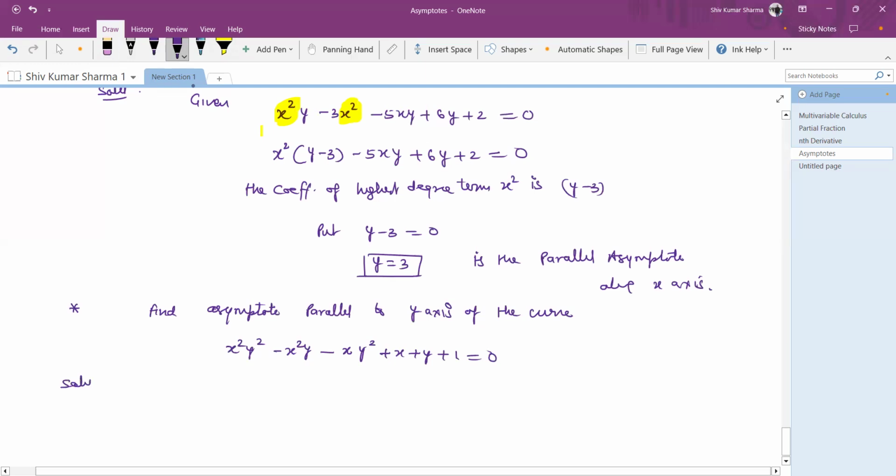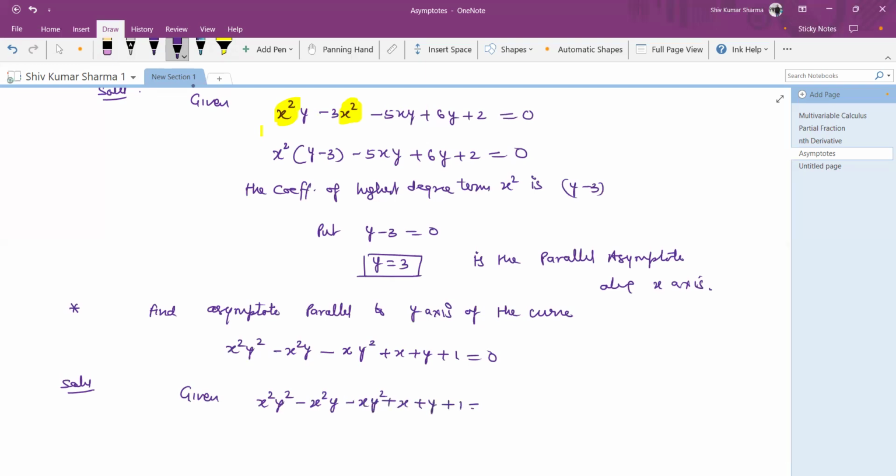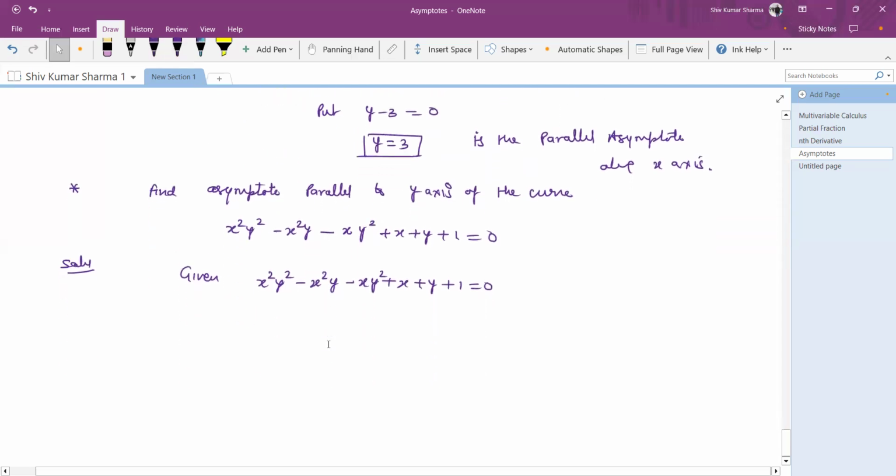So we do the solution of this. Given x square y square minus x square y minus xy square plus x plus y plus 1 equal to 0. When we are going to obtain the parallel asymptote along the y-axis, we see the highest degree term of y, which is y square. So take the coefficient of the highest degree term of y: y square times x square minus x, plus the remaining terms.